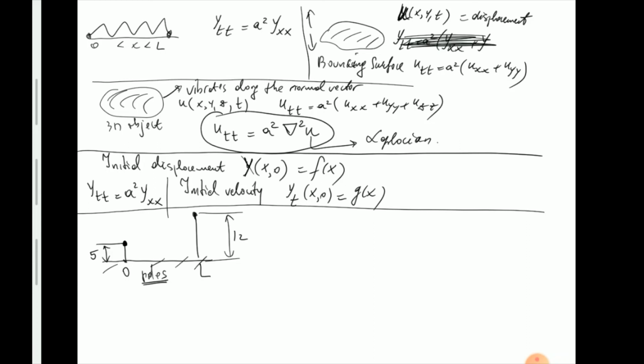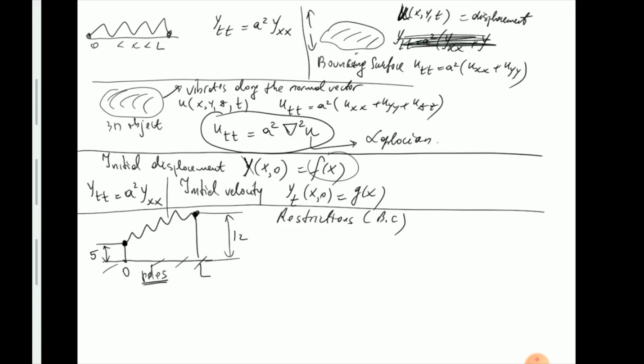And let's say that your string is attached to these two poles, maybe deformed initially in this manner. That deformation is going to be given by the function f of x, but at all times t, you have some restrictions, or boundary conditions, in the sense that the points attached to the poles won't move.